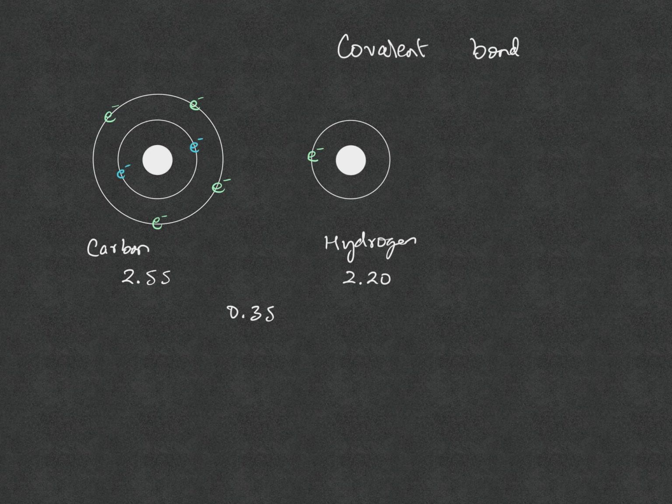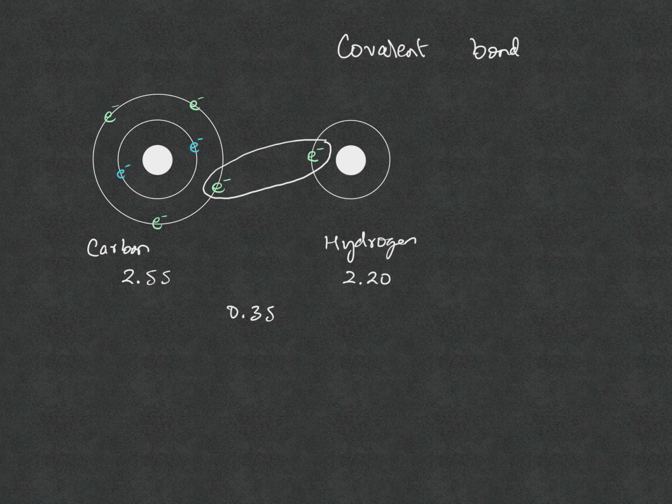Meaning that carbon is not going to be able to just take this electron away from hydrogen, or hydrogen is not going to be able to take the electron away from carbon. If electrons are exchanged, in other words, if an electron leaves one atom and goes to another atom, it's an ionic bond. But if the electrons are simply shared, it is a covalent bond.